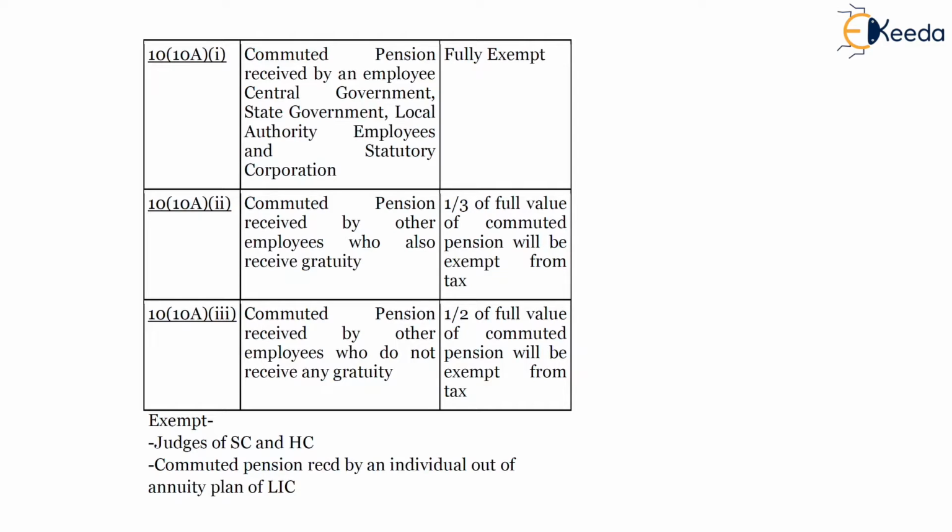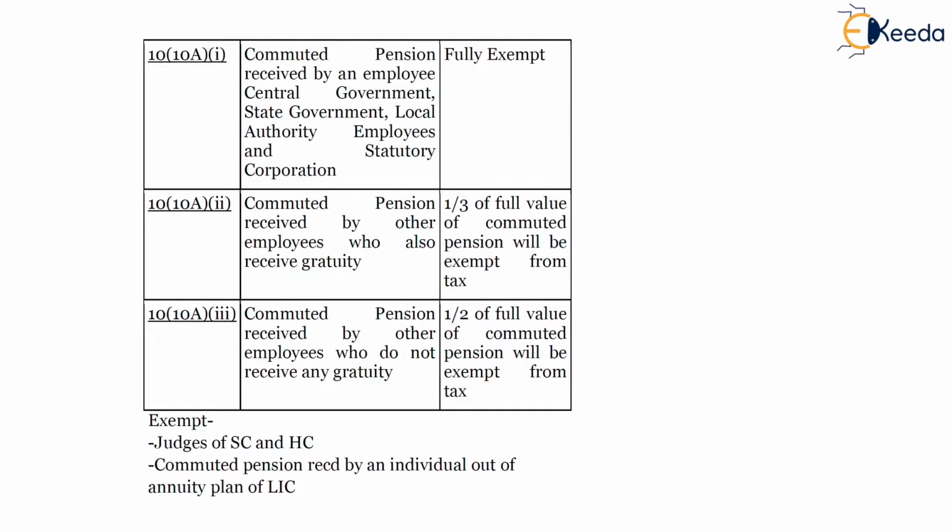If, let's say, gratuity is not received, then in such a case, half of the value of the pension will be exempt. It means that half of the value of 100, which is the total pension amount, will be exempt in the hands of the employee, right? So half of the total pension amount will be 50.